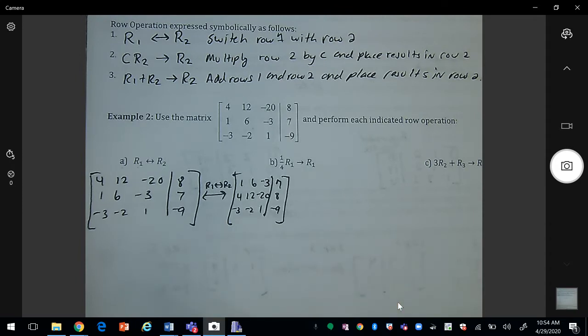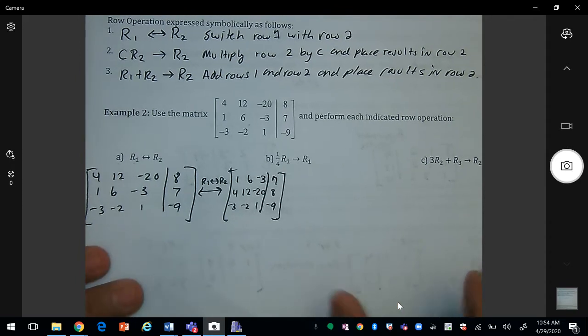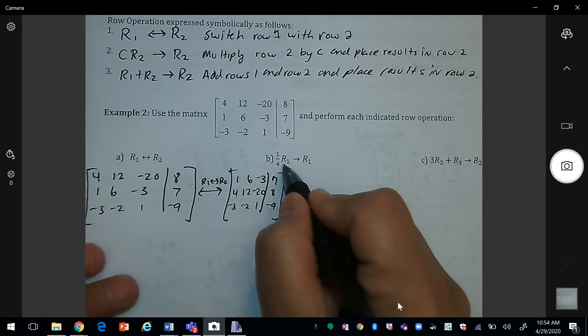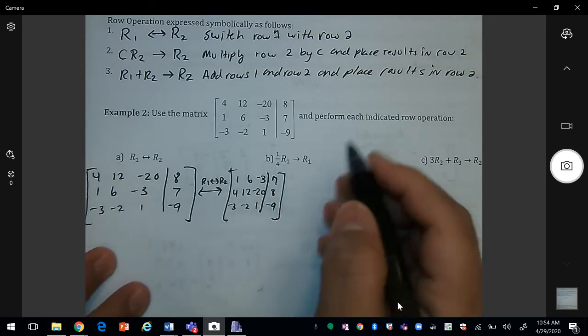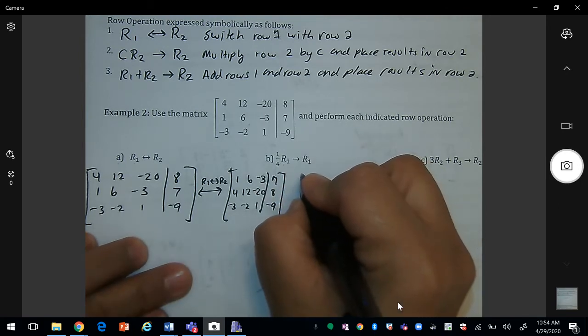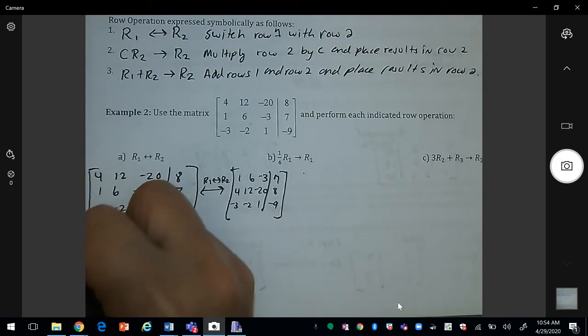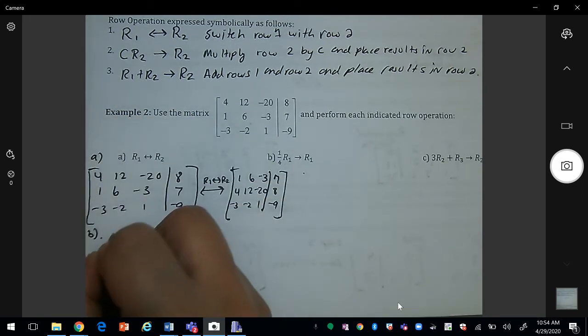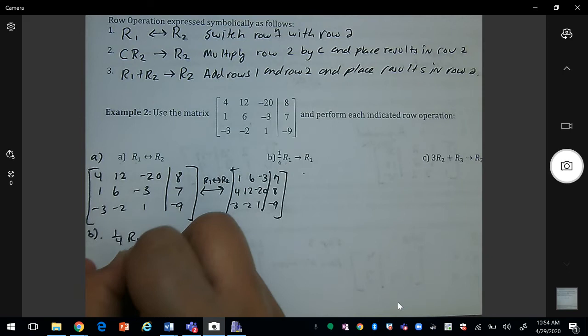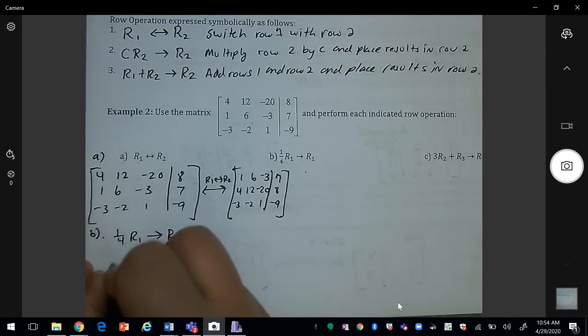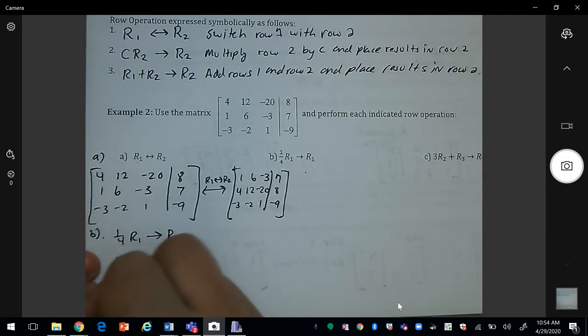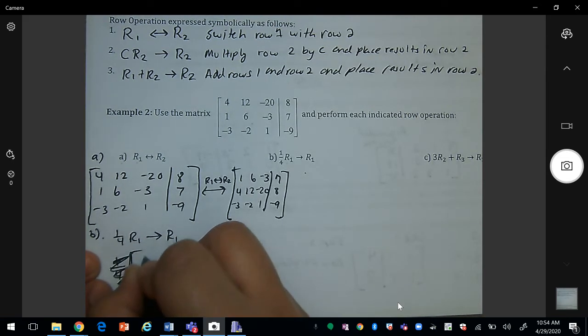Okay. So for letter B, we have 1/4 times R1, and then our result would be placed in R1. So let me go ahead and write it down here. So 1/4 R1, place in R1. Let me just write the matrix first.